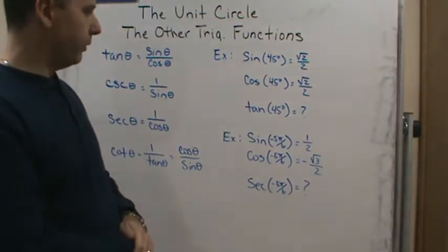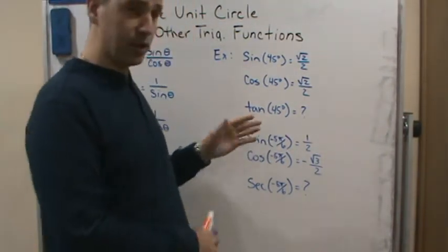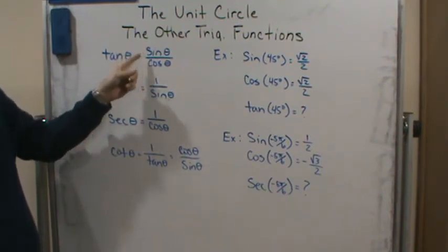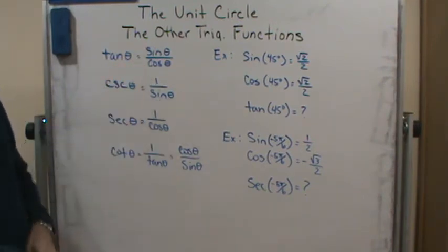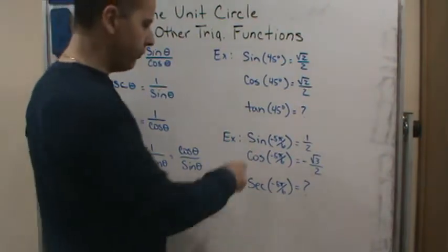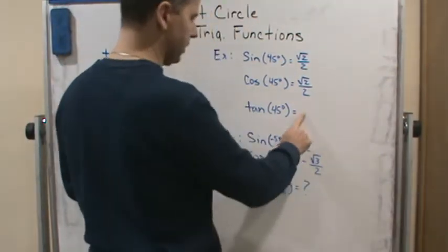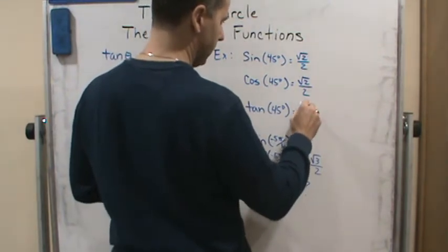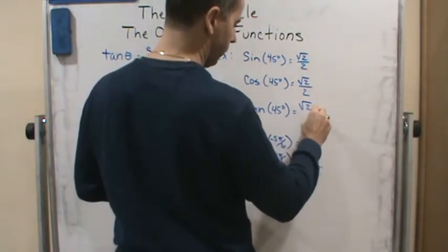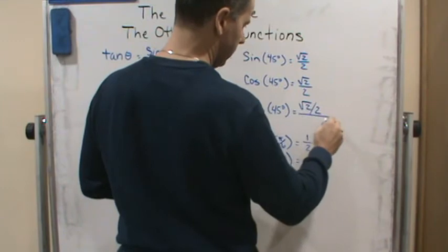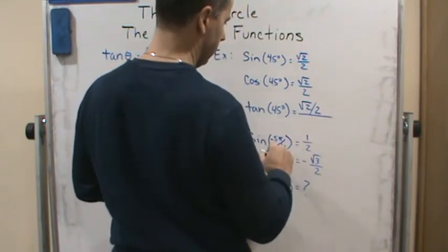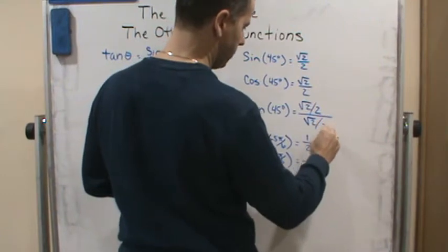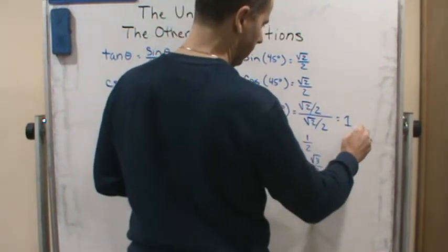Now, since they want tangent, I can just use the fact that tangent is the ratio of sine and cosine. We've done this before. All you do is take the ratio of the two. So take square root of 2 over 2 divided by square root of 2 over 2, and you get 1.